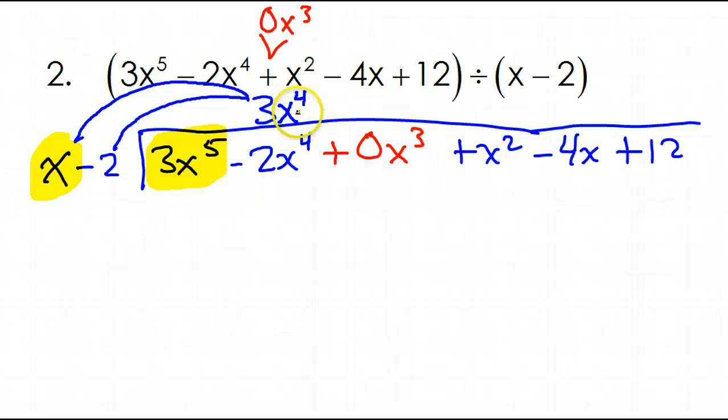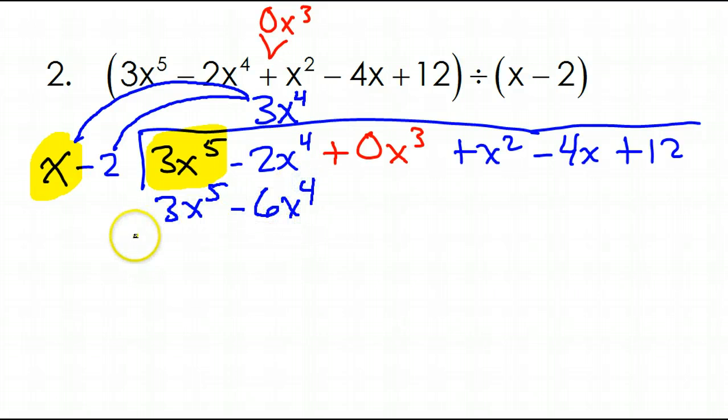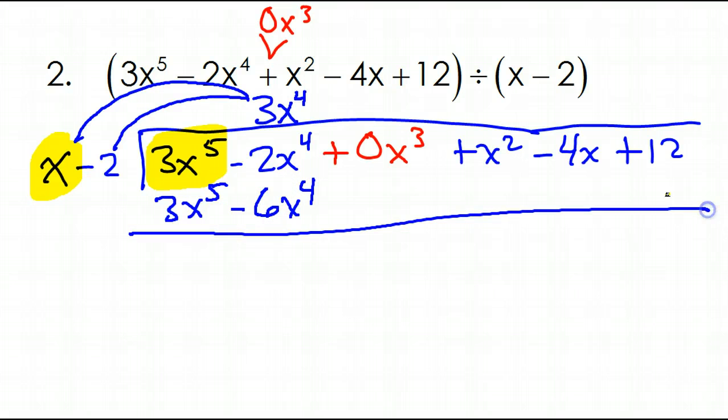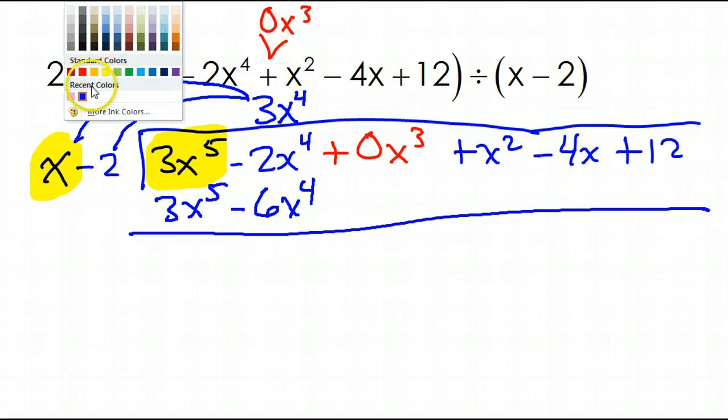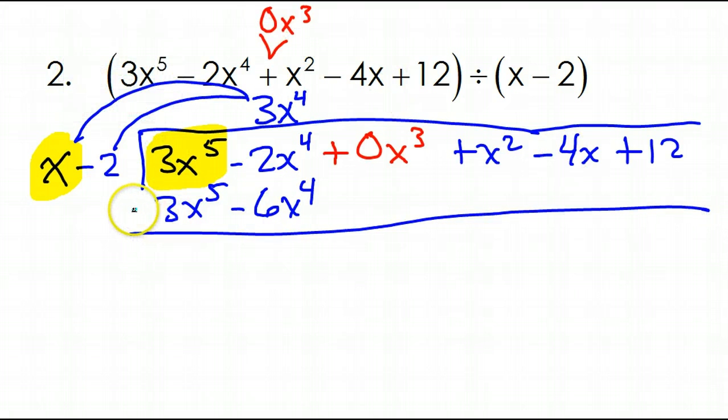So 3x to the 4th power times x is 3x to the 5th power, just like we wanted. 3x to the 4th power times negative 2 is negative 6x to the 4th power. Okay, immediately change the signs. All right, that's how we subtract.